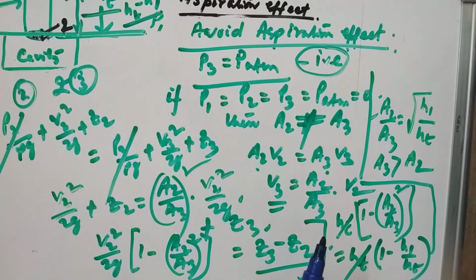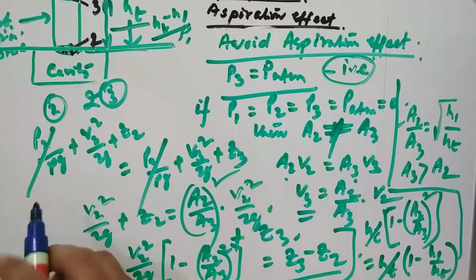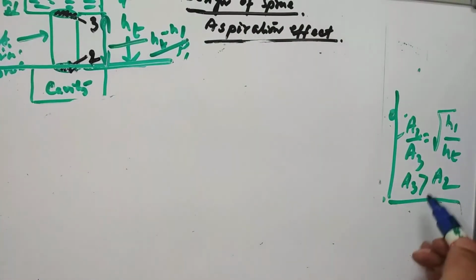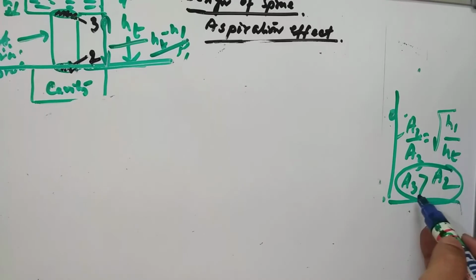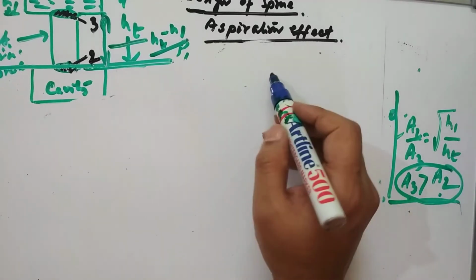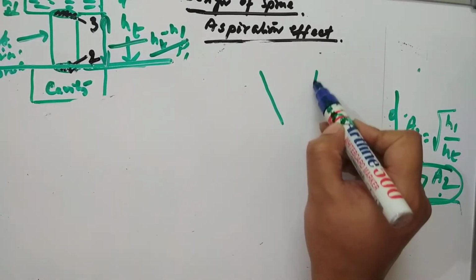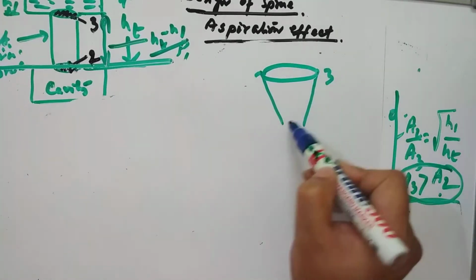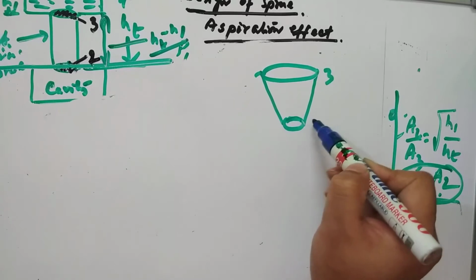So we have the required condition as A3 should be greater than A2. You can see it in the sprue: this is A3 and this is 2.